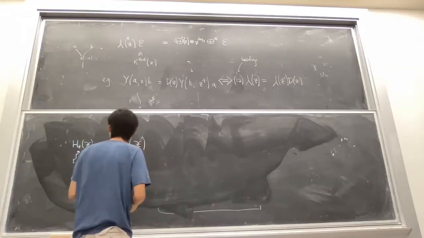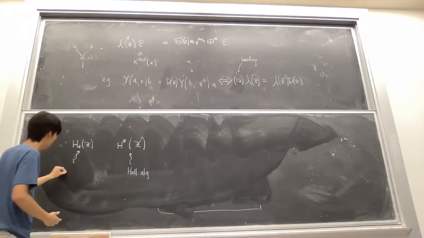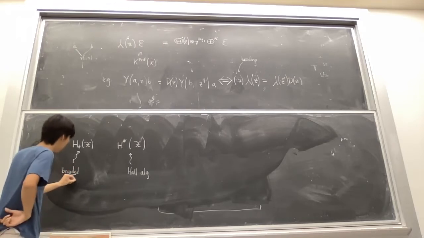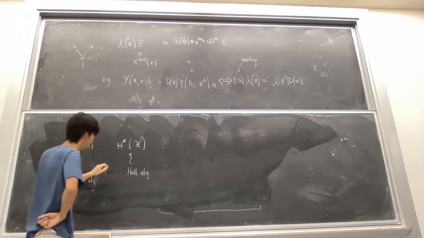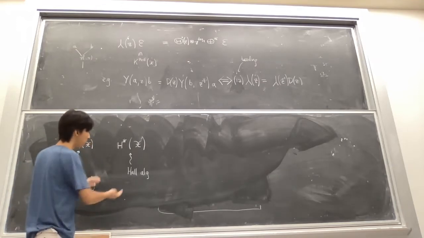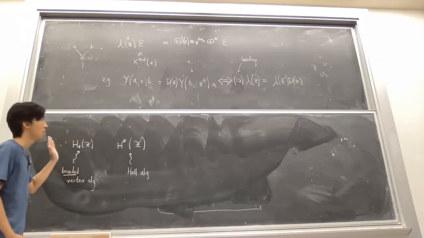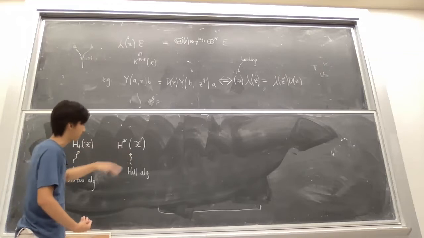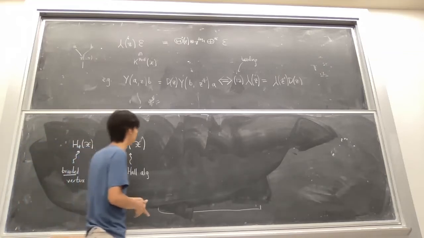But here the correct comparison theorem involves the braided vertex algebra. And that will be compatible in some way, which I'm about to state, with the Hall algebra itself. So that's the motivation for why we want to make everything dual. It becomes much easier to write down the comparison.